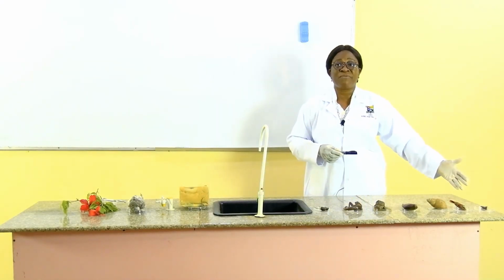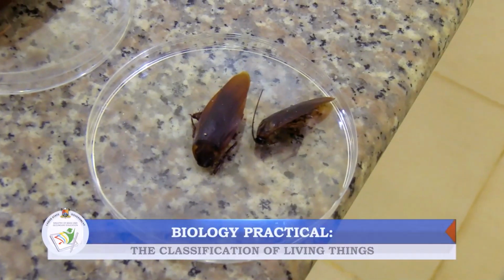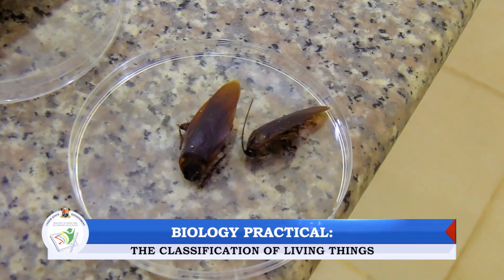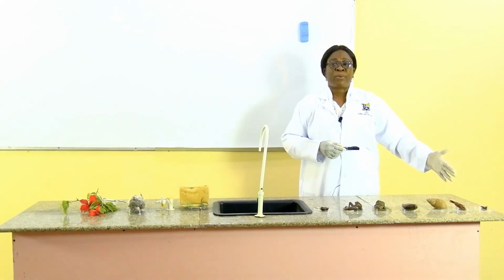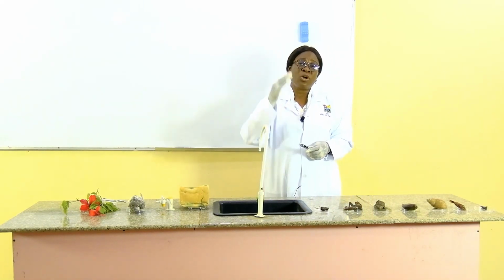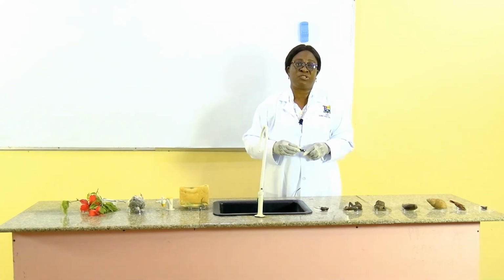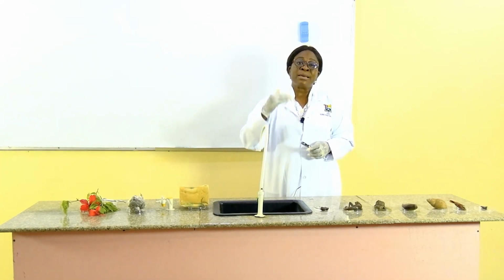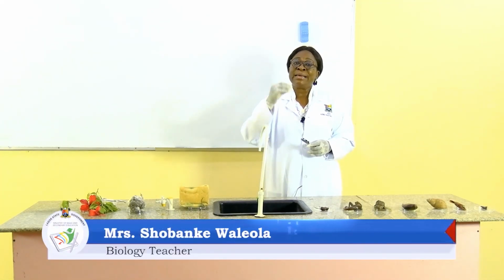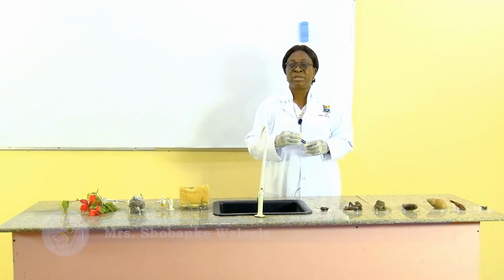Specimen A we have identified as cockroach. Now we want to classify specimen A, cockroach. Now we can see on the screen I have not given you the full hierarchy of classification, because sometimes during the exam they will specify the particular hierarchy that you are to mention.